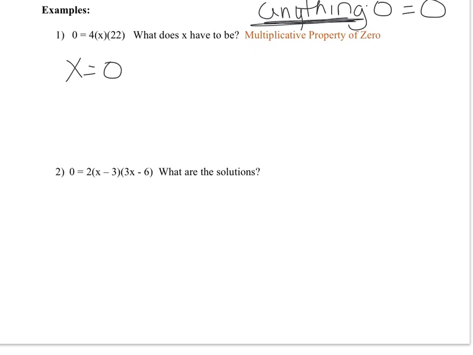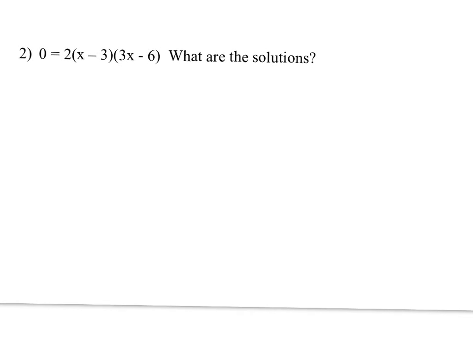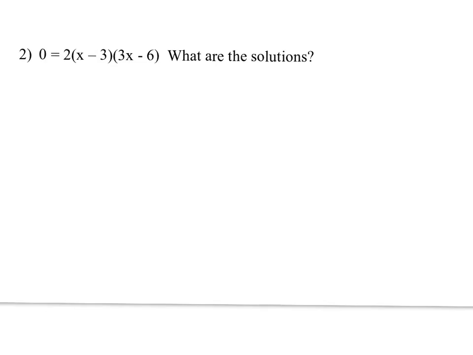So if we want to solve something that looks like this, 0 equals 2 times (x minus 3) times (3x minus 6). You'll see we have 2 as a factor, x minus 3 as a factor, and 3x minus 6 as a factor.